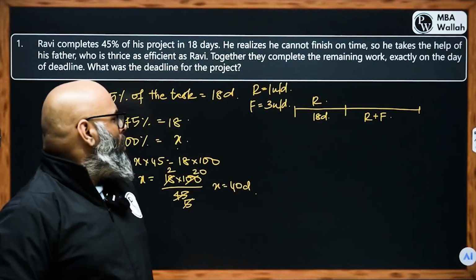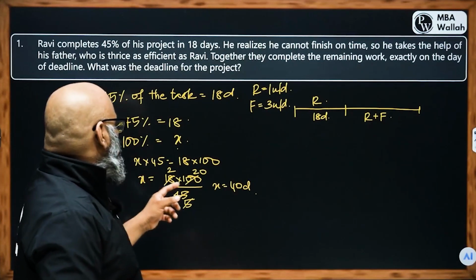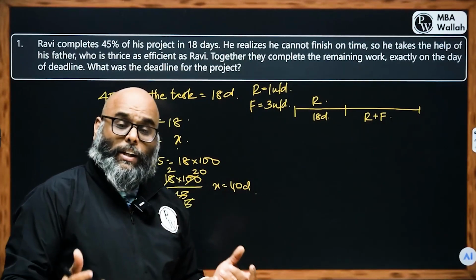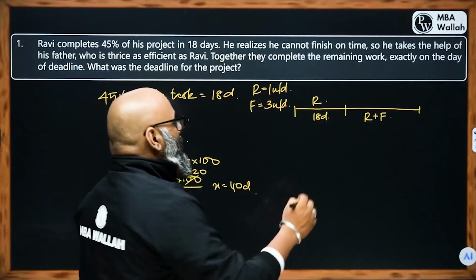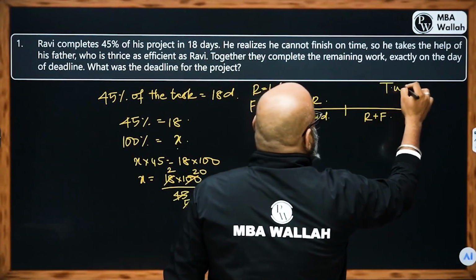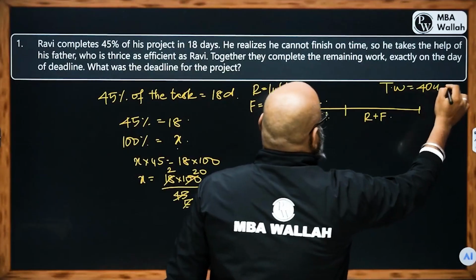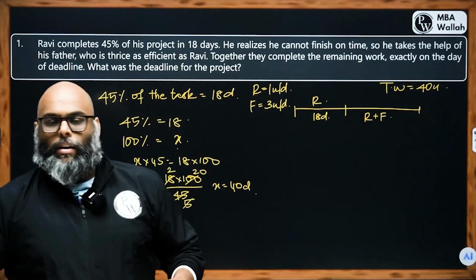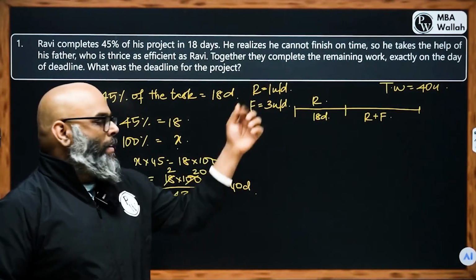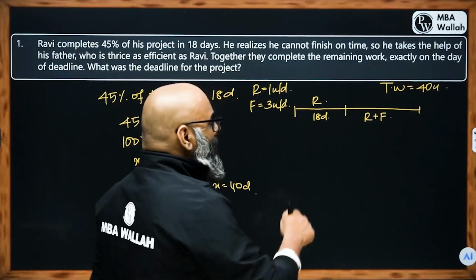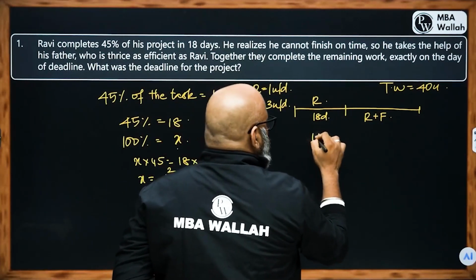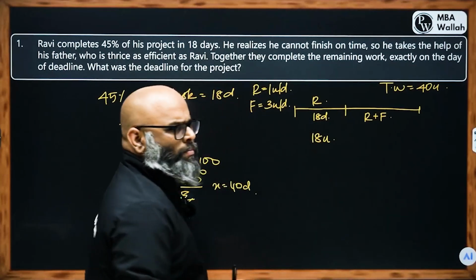Now, if Ravi takes 40 days to complete the task by doing 1 unit a day, the total work will be 40 units. That's his efficiency and the total time that he takes. Now, Ravi has already worked for 18 days, which means he has finished 18 units.